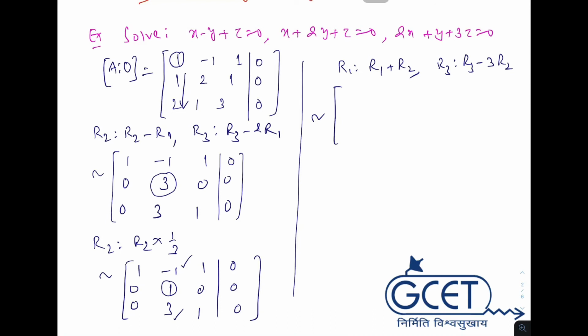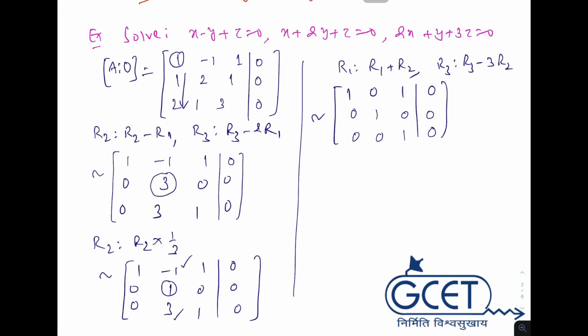And so we get, this is 1, we have to add this to row. So 1, then 0, then 1, just add this to row, 0. Second row, 0, 1, 0, 0. Now third one is multiply with minus 3 and add here. So this is 0, minus 3 plus 3, 0, 1, 0.